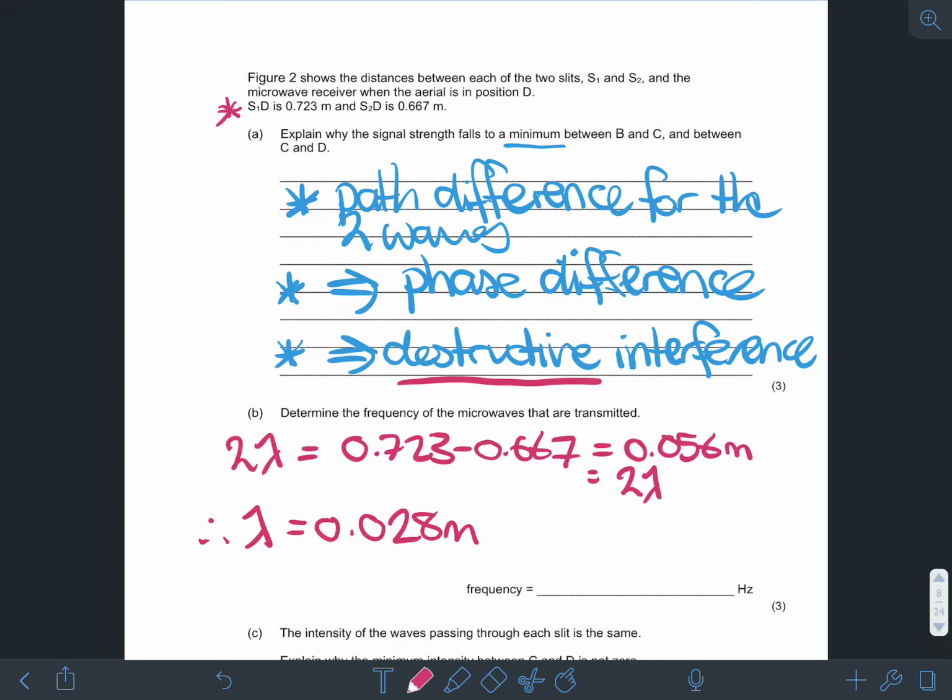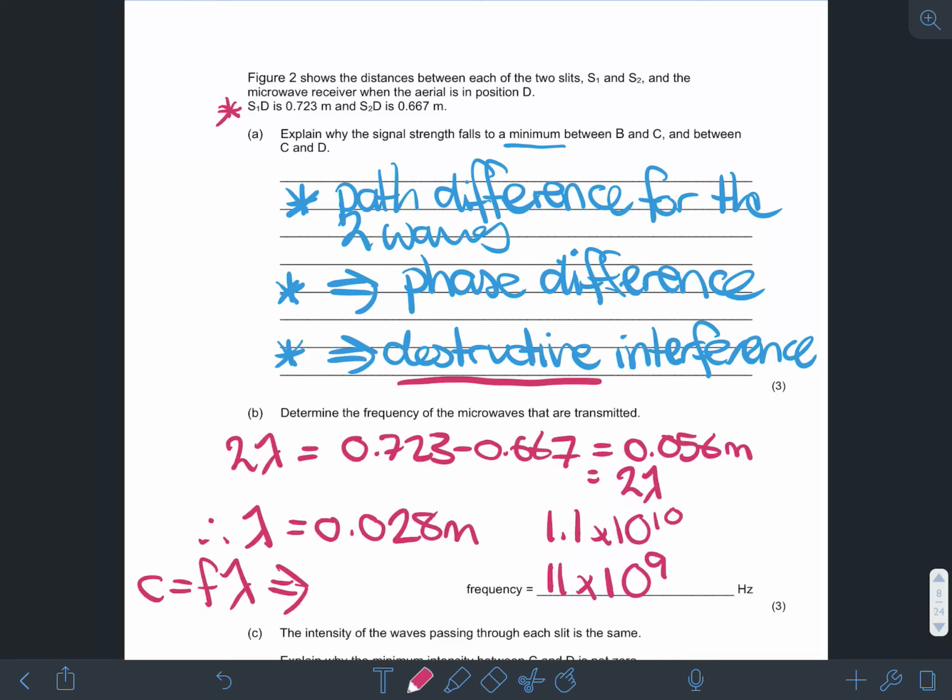And of course, what kind of wave is this? This is an EM wave which travels at the speed of light. So what we're going to then do is we're going to use the wave equation. c is equal to f lambda. And that gives us our frequency. So the frequency is going to come out to be 11 times 10 to the 9. So I think some of you wrote 1.1 times 10 to the 10, which is probably more correct.